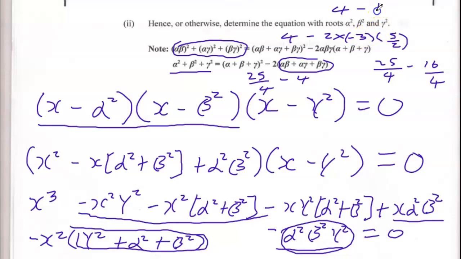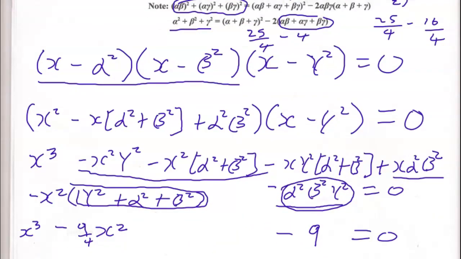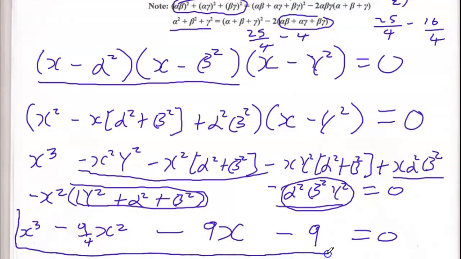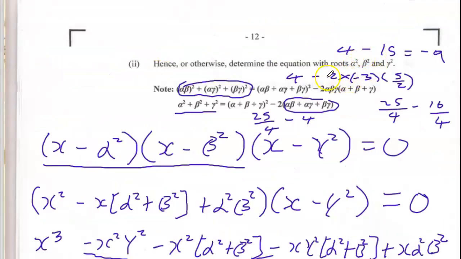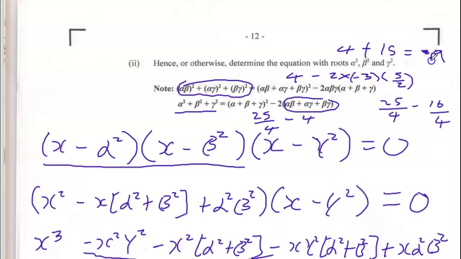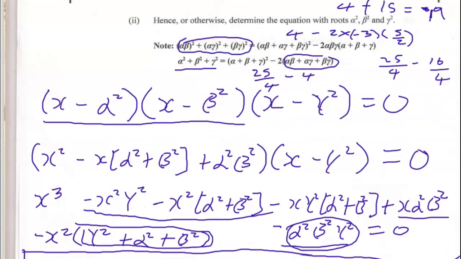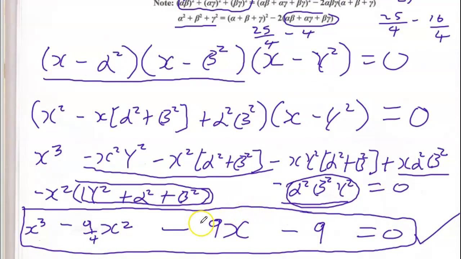So that's 4, and it should be plus, because minus 2 times minus 3, that's positive 6. Positive 6 times 5 over 2, that's positive 15. So it should be 4 plus 15, which would be 19. Should be 19x. So the coefficient for the x should be 19.